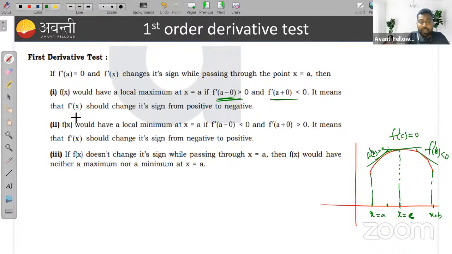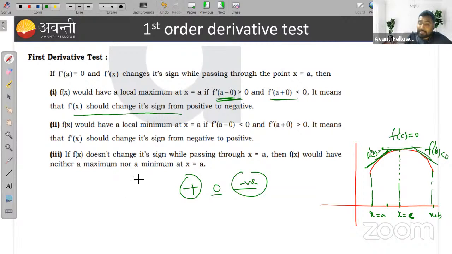It means f dash of x should change its sign from positive to negative. Here increasing means positive, here decreasing means negative. So positive, 0, negative. How is the slope going? Positive, 0, negative, right? If there is a local maxima, then what will the first derivative of the function be?